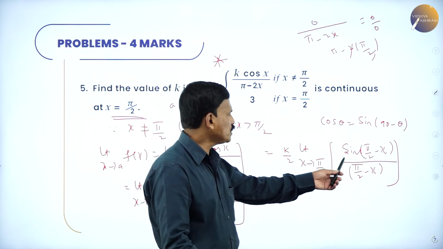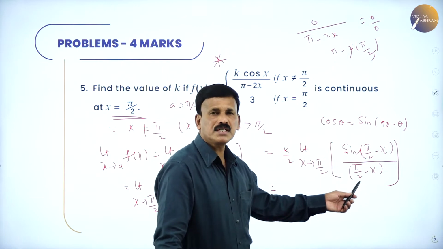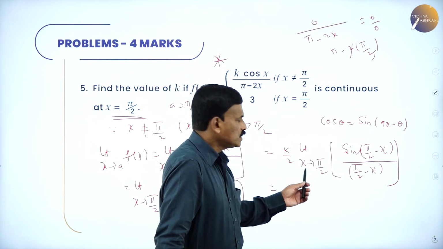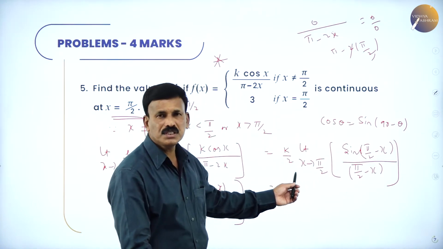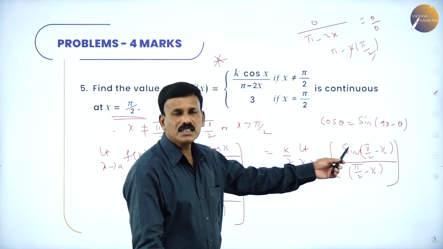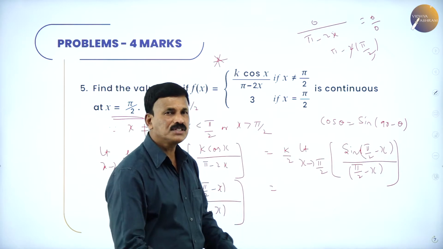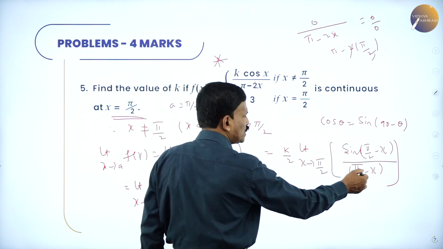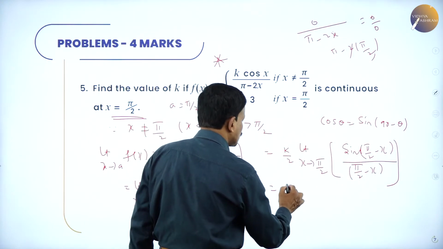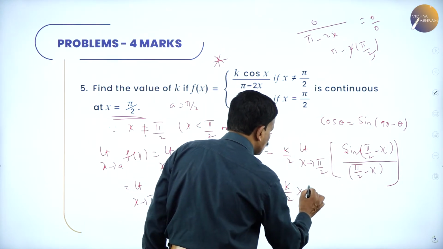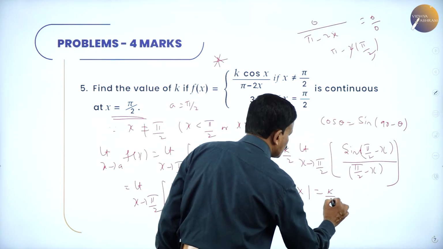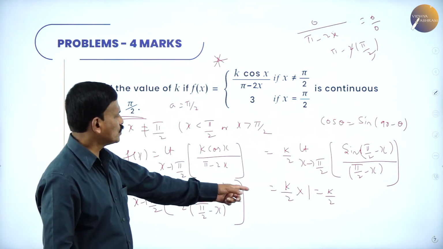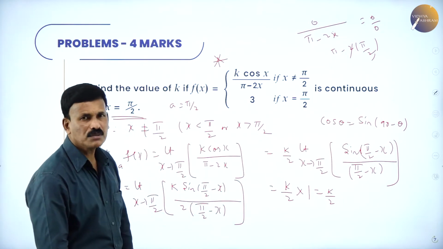Whenever substitutions are taken, the value of the limit also changes. So x tends to pi by 2 converts to theta tends to 0. Then this is of the form sine theta by theta, which can be written as 1. So 1 into k by 2 is k by 2.